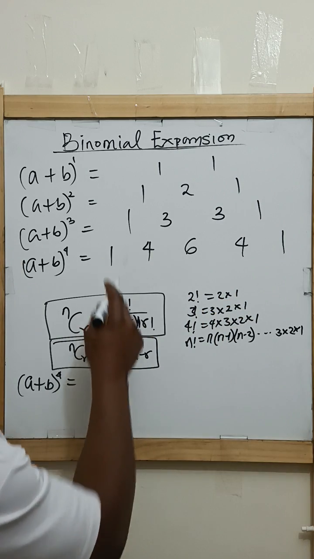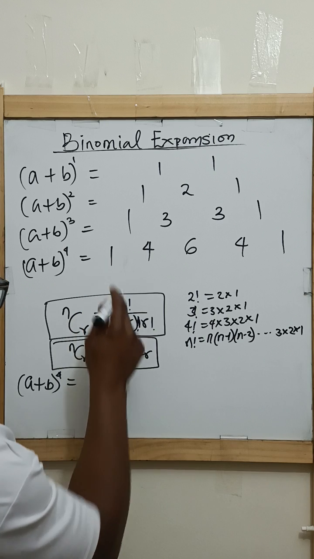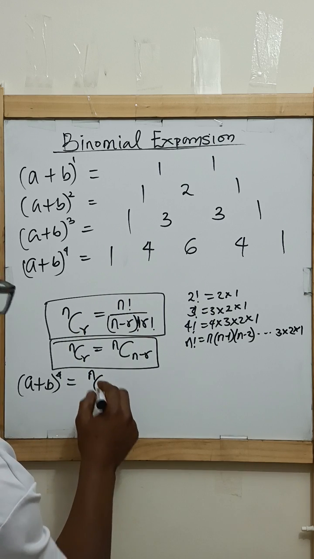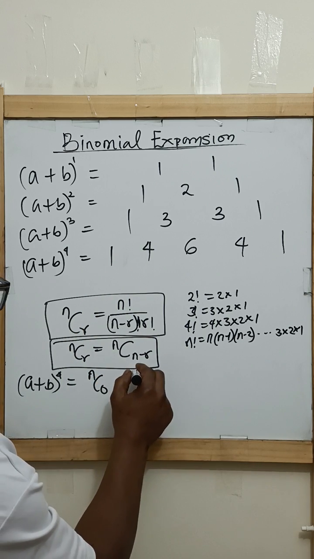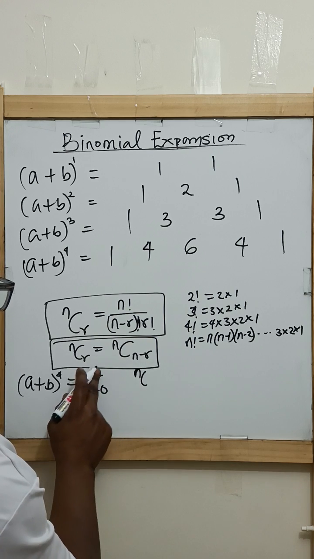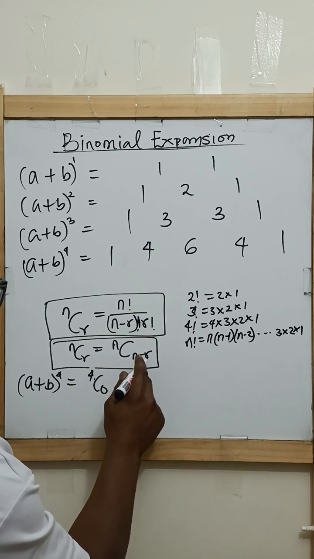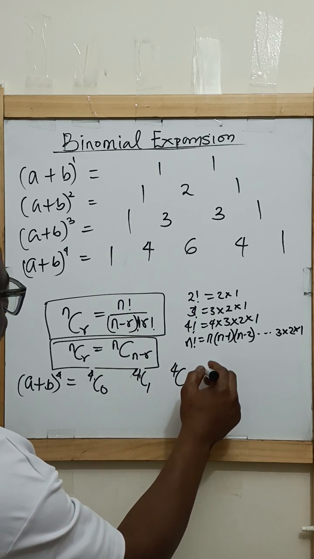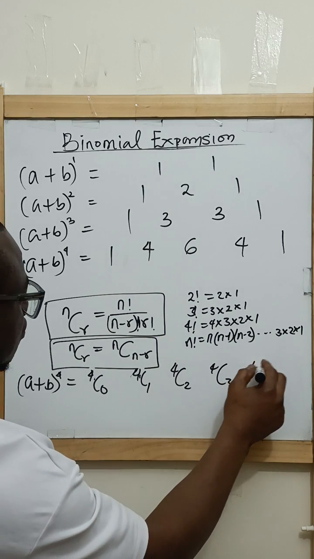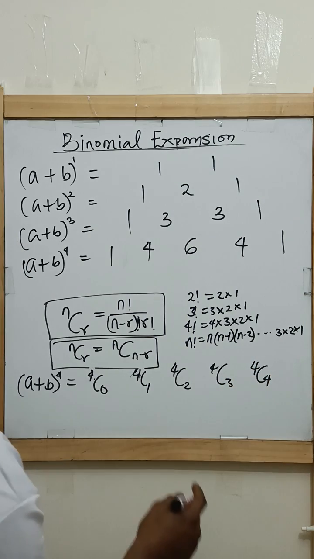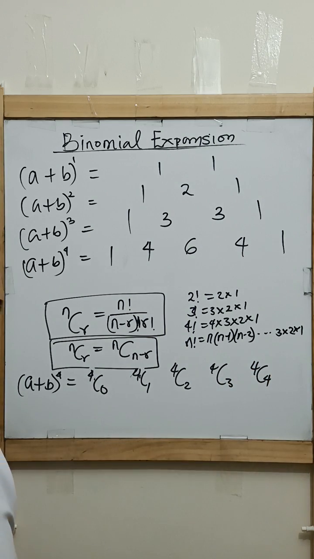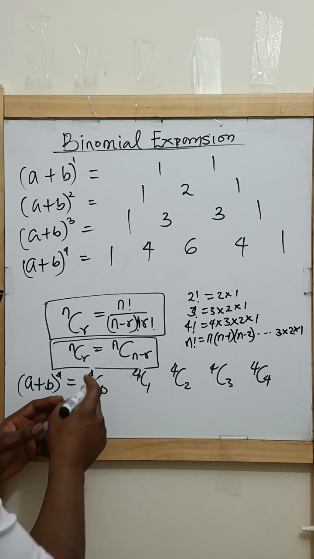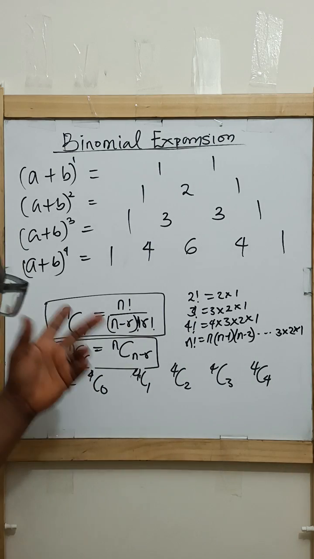This can be represented as 4C0, 4C1, 4C2, 4C3, 4C4. You see?